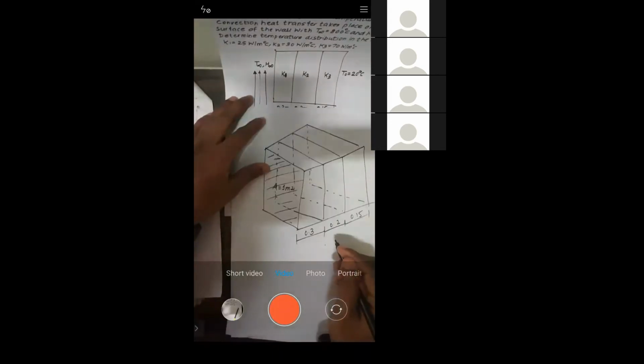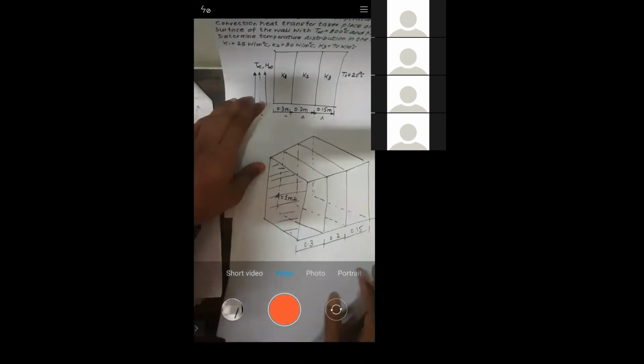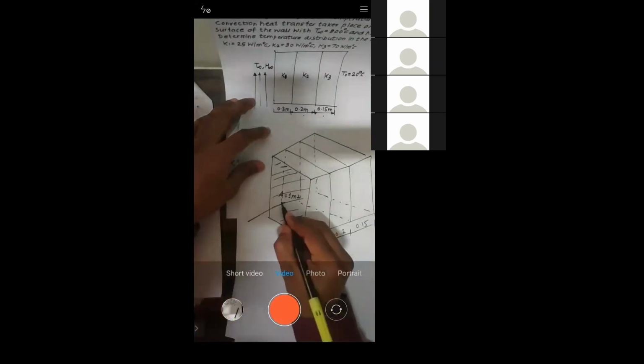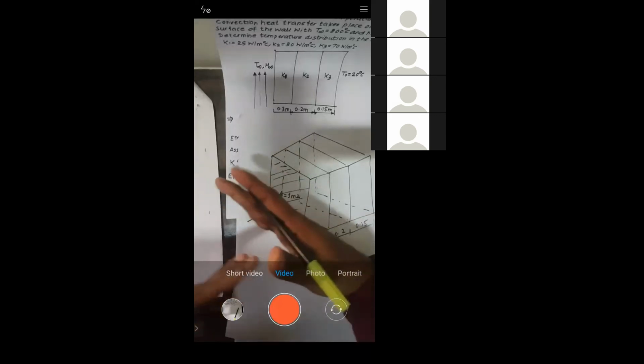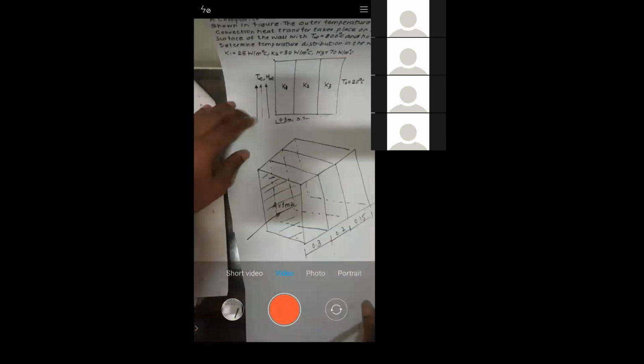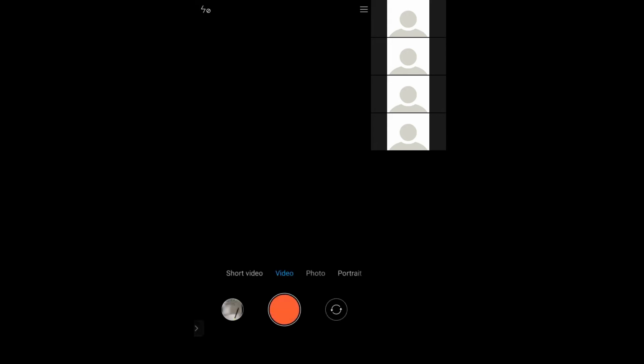Q is directly proportional to A dT by dx, so Q is equal to K A dT by dx. So this area is nothing but the cross-sectional area. Heat is flowing like this, so area and heat flow are perpendicular. Is it clear?